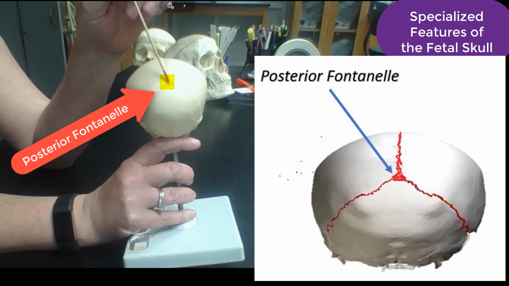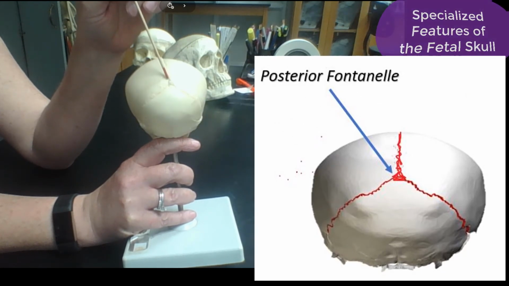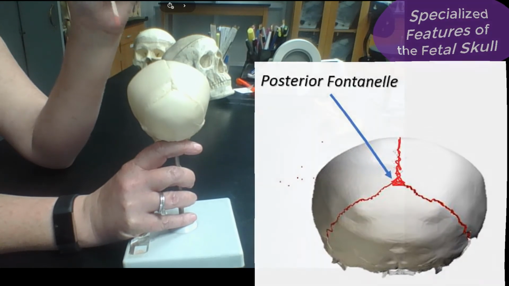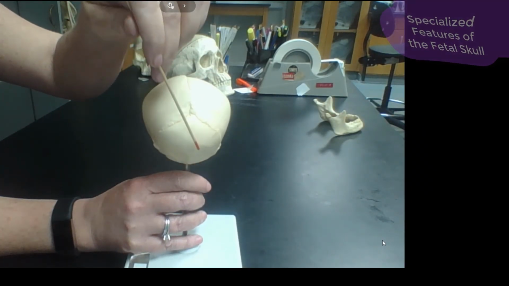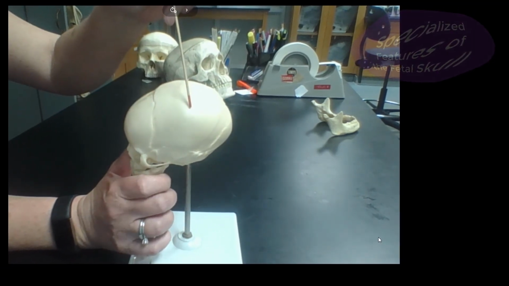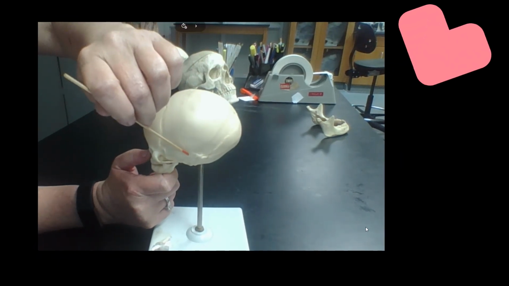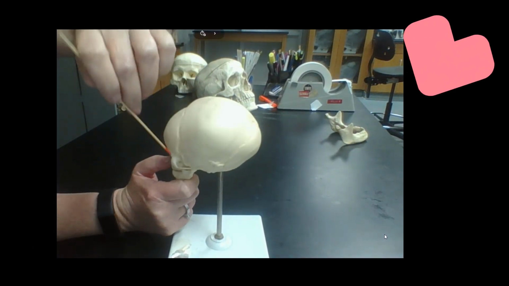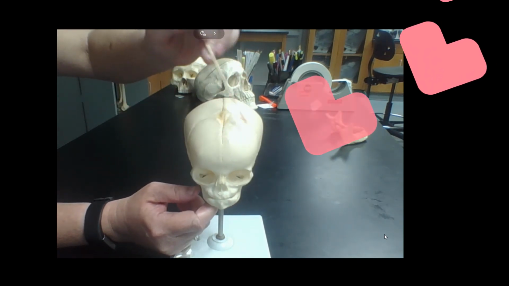And this would be the posterior fontanelle. The posterior fontanelle. Okay. And the rest of this is very similar to the adults. You know, we've got our occipital bone, parietal bone, the temporal bone's really tiny and way down here, sphenoid, and this would be the frontal bone.